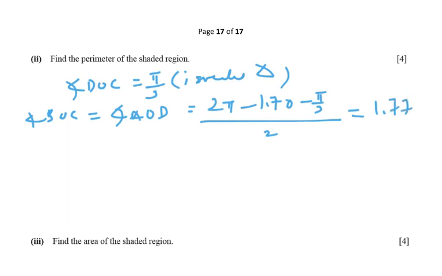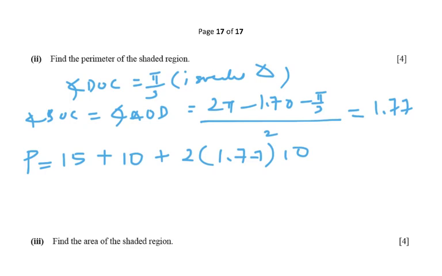Alright, so for perimeter, it will be equivalent to 15 plus 10 plus 2 multiplied by 1.77 times 10. This particular part is referring to the length of arc multiplied by 2.